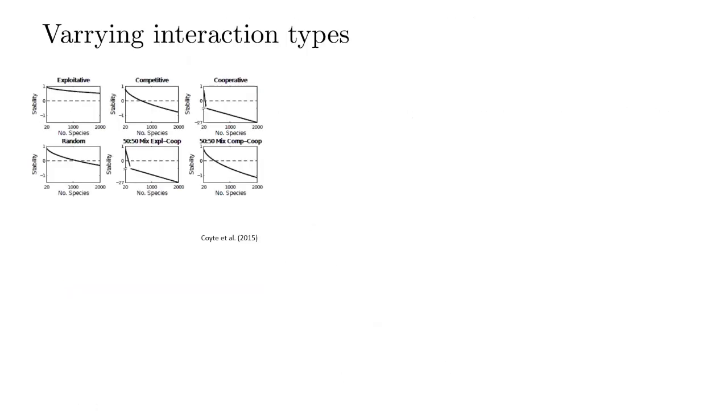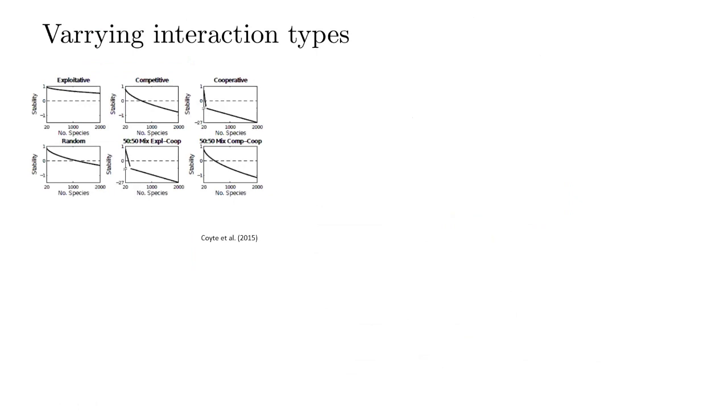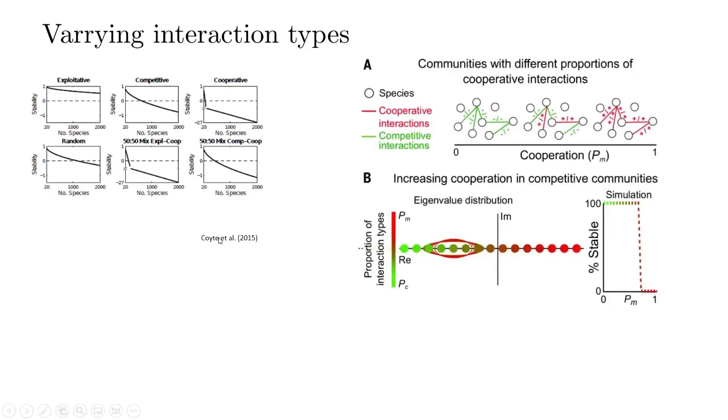The other thing you can do is ask, does this hold if we vary interaction types? This was done by the Foster group. Basically, if you have a higher fraction of one type of interaction, do you still see the same stability pattern? And you see that the same stability pattern does hold for all the types of interactions that you put.